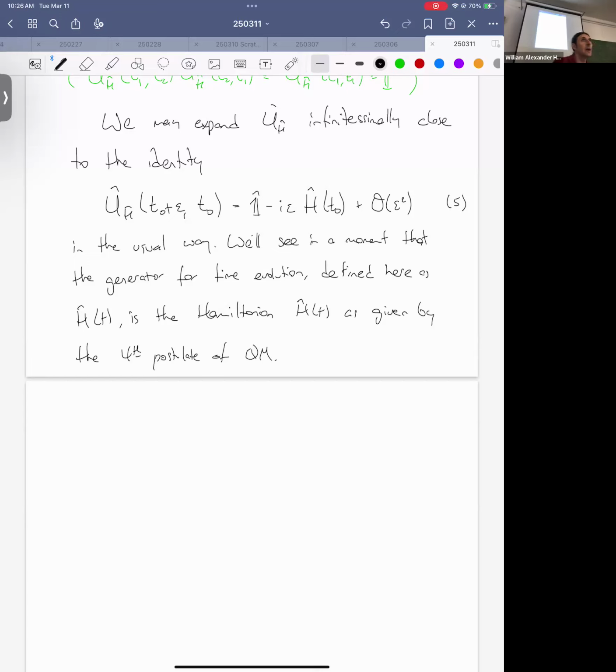All of this should be old hat at this point. Sorry, why do we say minus, not plus? If we made it plus i epsilon H hat, then the H hat in this would be minus the Hamiltonian. Oh, right. I may be switching conventions.